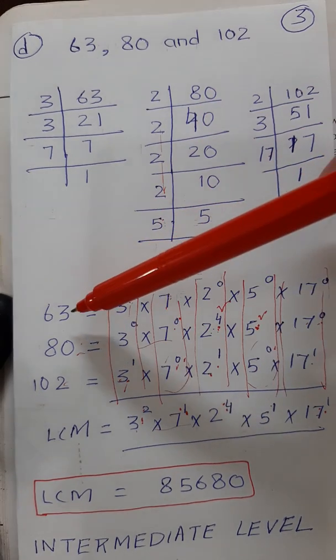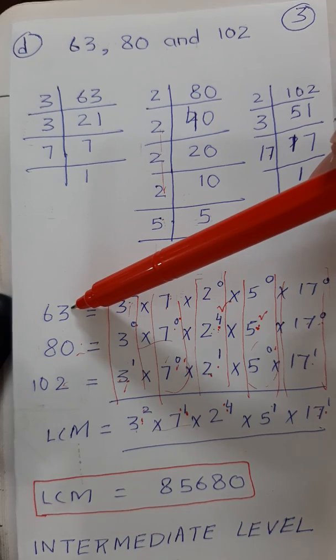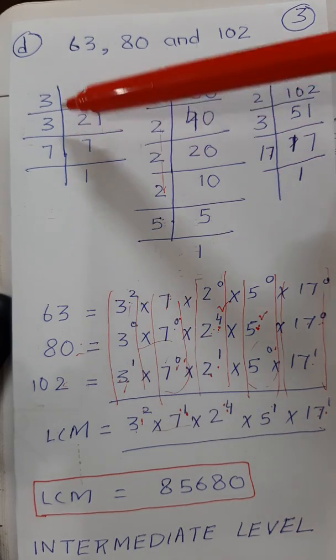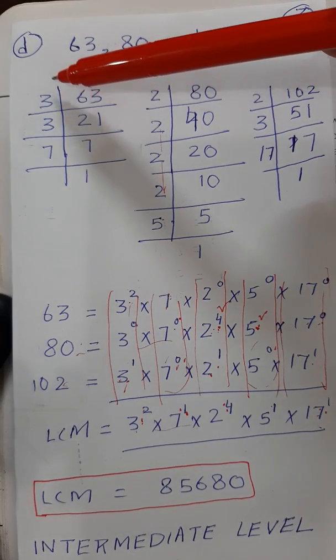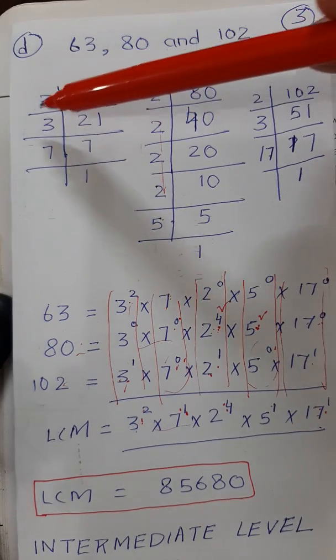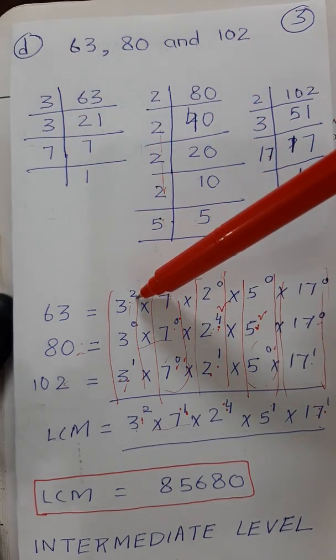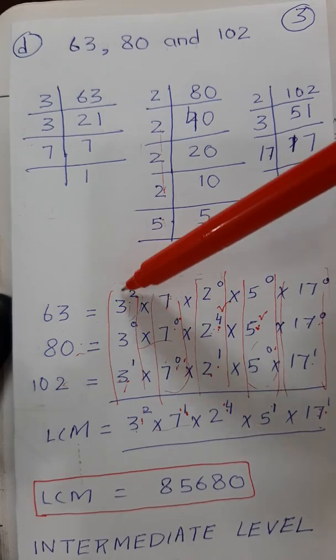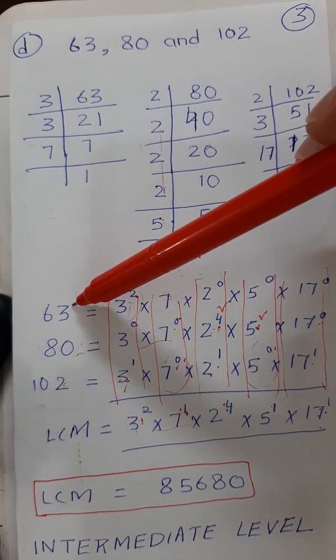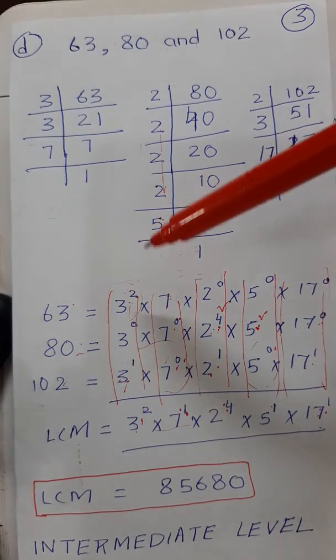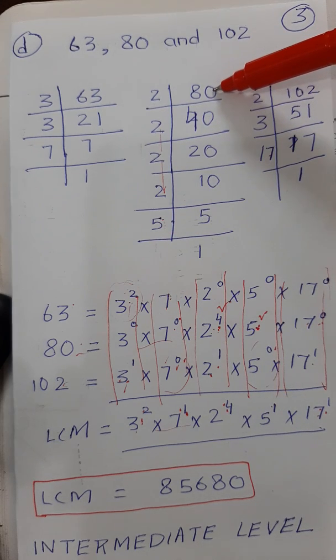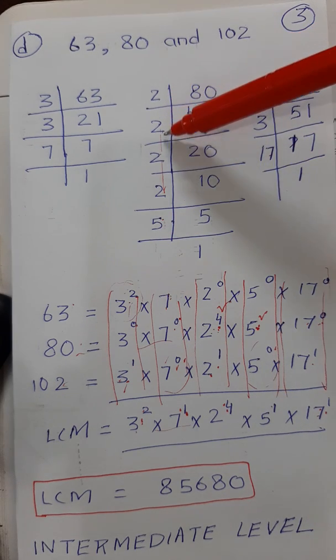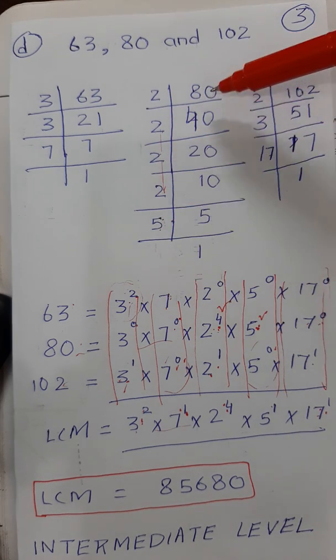Now write down the factors of 63, 80 and 102, starting from 3. 63 has got 2 3's, so 3 and 3 becomes 3 square. So write 3 square in factor of 63. Now look for the same factor 3 in factors of 80. We don't have any 3 in factors of 80.